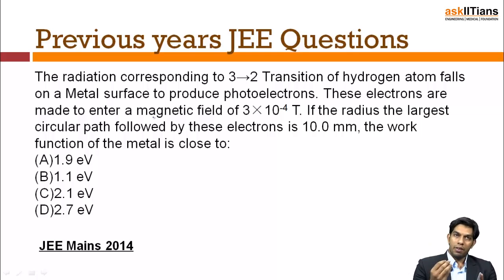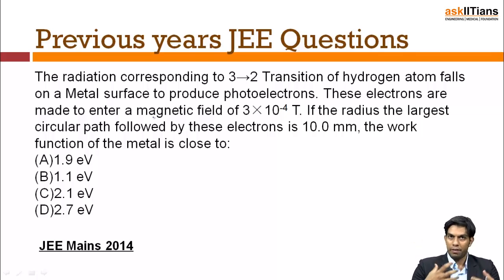An electron is making a transition from n equals 3 to n equals 2. This falling of the electron from a higher state to a lower state results in the emission of a photon. Now these photons are made to fall on a metal surface.